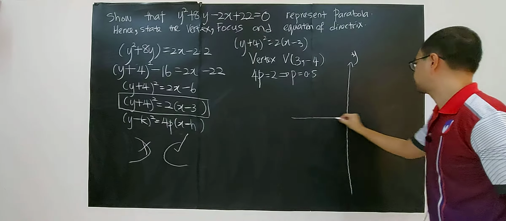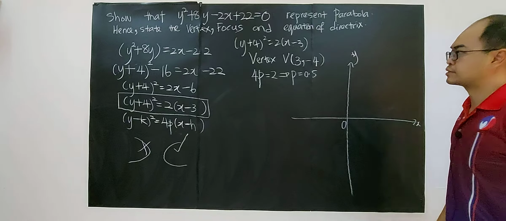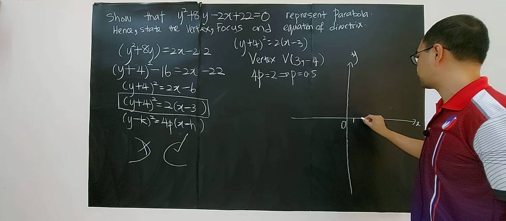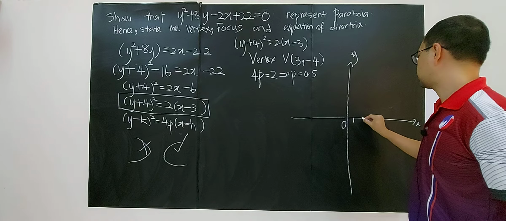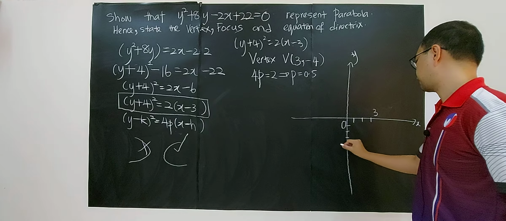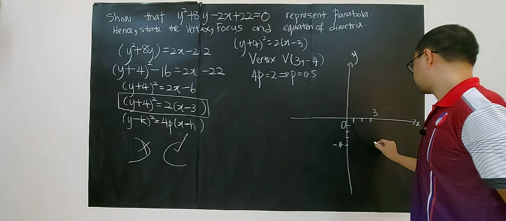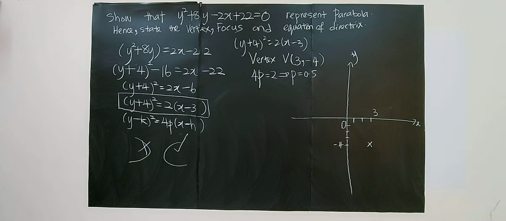Draw the y-axis and x-axis, and locate the vertex. The vertex will be 3, negative 4. So 3, negative 4 will be your vertex.